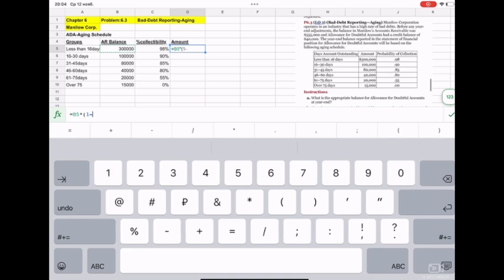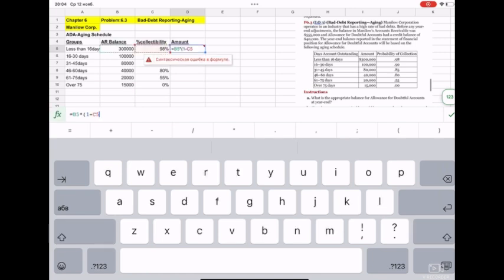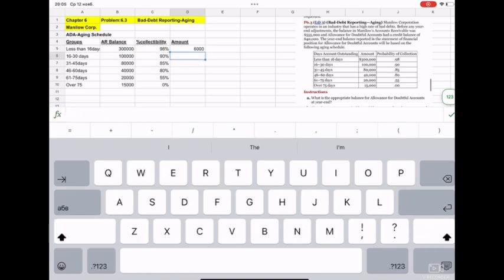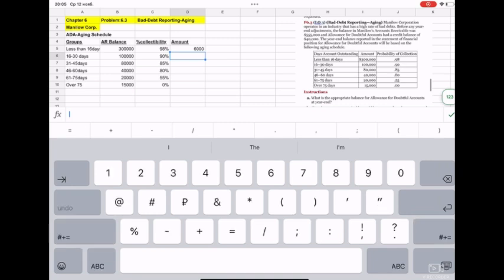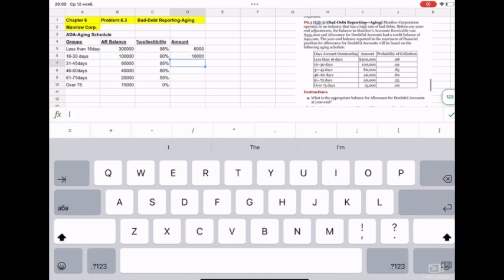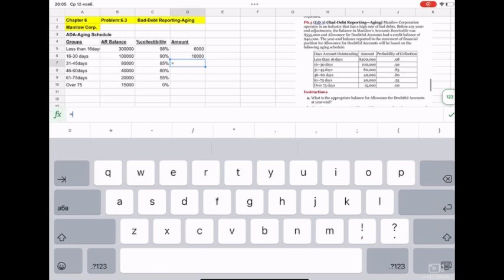Multiply it by 1 minus this one. Equal to this AR balance for over 75 days multiplied by 1 minus percentage of collectibility. So here are the amount answers.